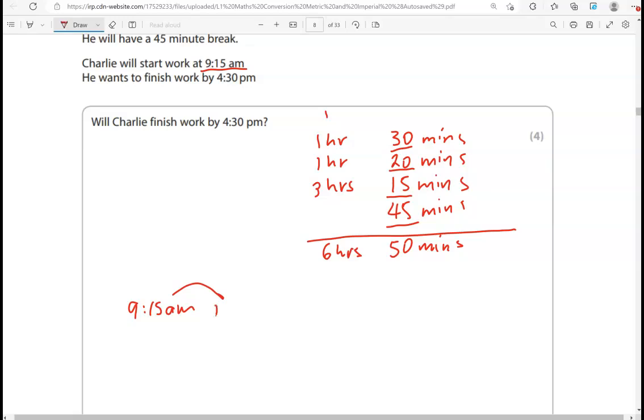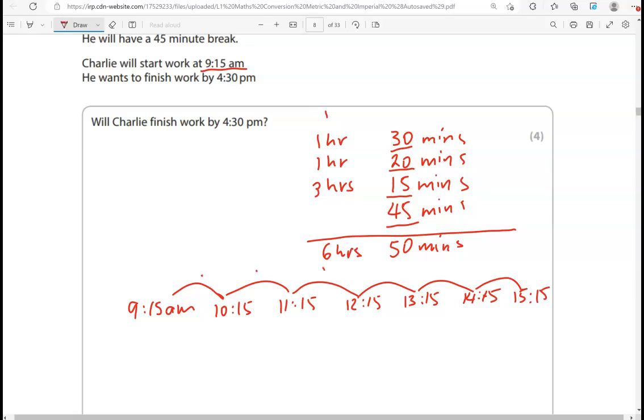After 1 hour it will be 10:15, 2 hours 11:15, 3 hours 12:15, then 13:15, 14:15, so we have 1, 2, 3, 4, 5, 6, and another one.